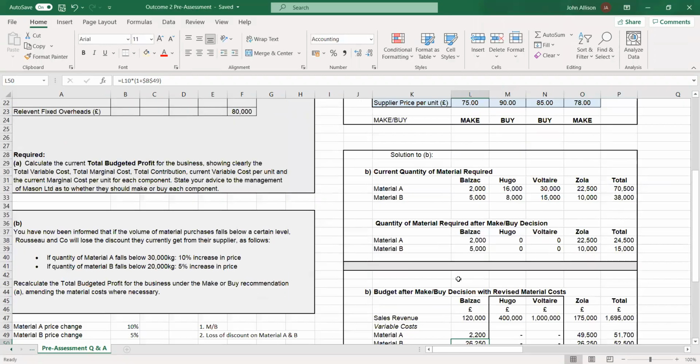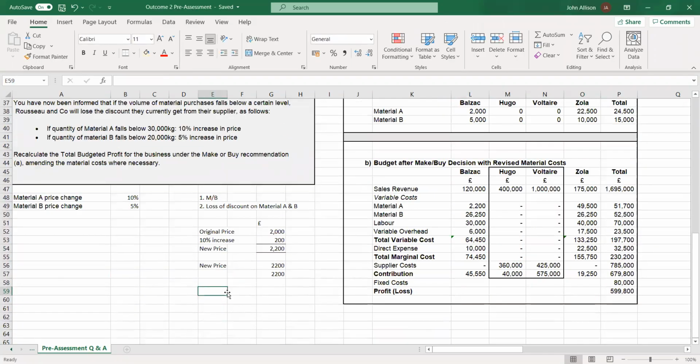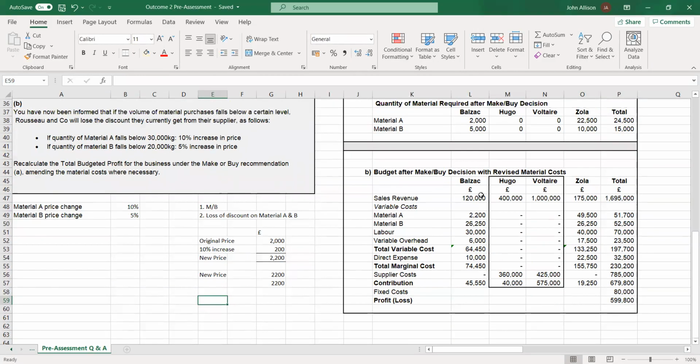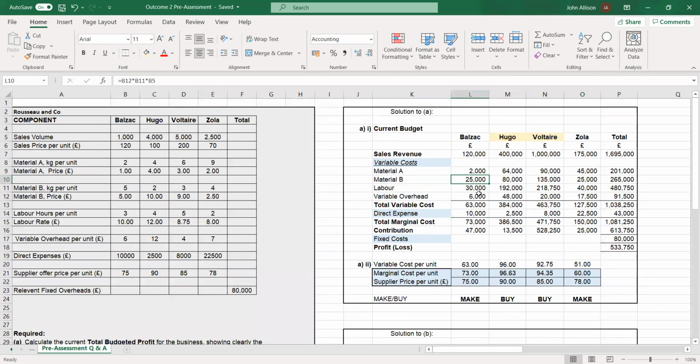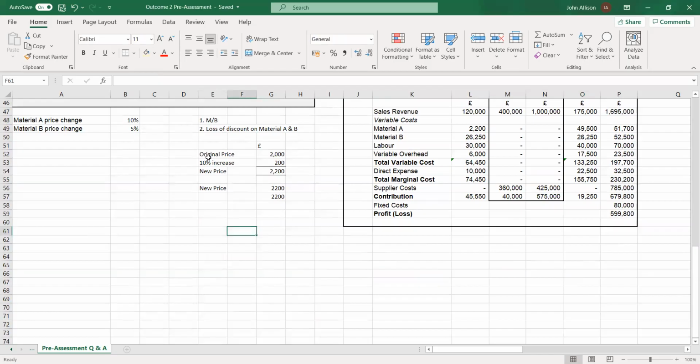Same idea with material B's new cost. It's increased by 5%. So this time, instead of increasing by 1.1, it increases by 5%. So we see material B for Balzac used to cost 25,000. So the original price was 25,000.